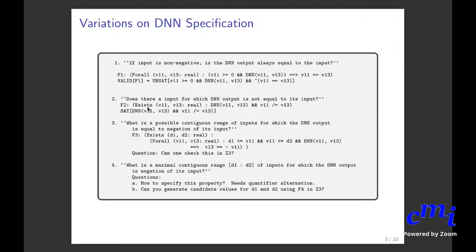In the case of property 2, it can be expressed as a simple SAT query. You can either type this up in Z3 and see what it does, or you can make an algorithm to see if there is some D1 and D2 that satisfies the formula F3 by making repeated calls.